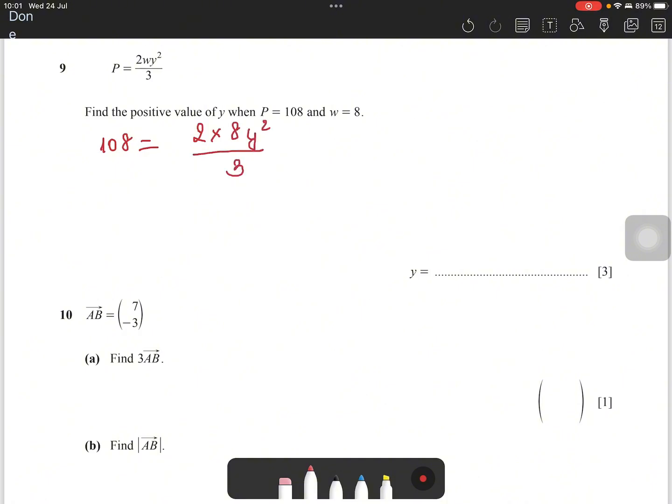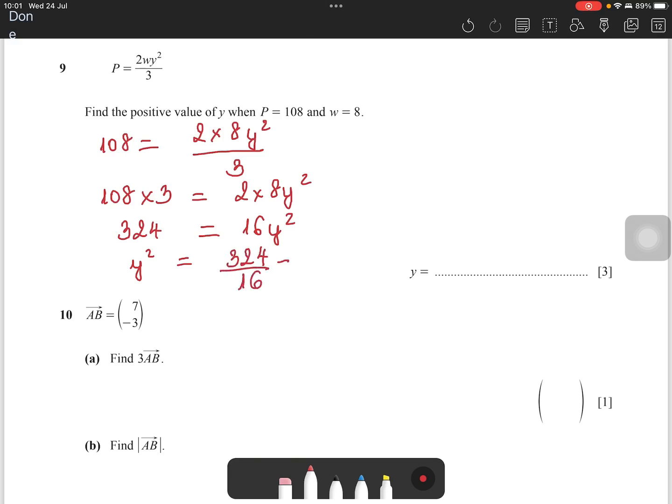And to find the value of y, first we'll cross multiply 108 and 3. 108 times 3 equals 2 times 8y squared. 108 times 3 equals 324. 2 times 8 is 16. And then to find the value of y squared, we divide both sides by 16, which is 81 over 4.